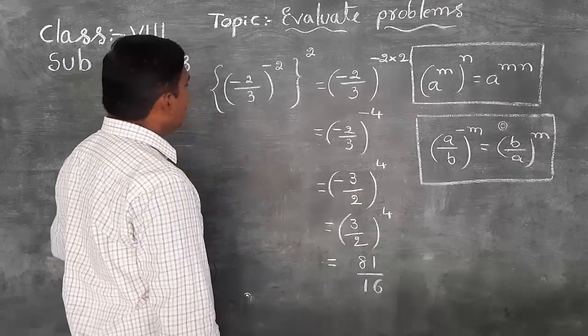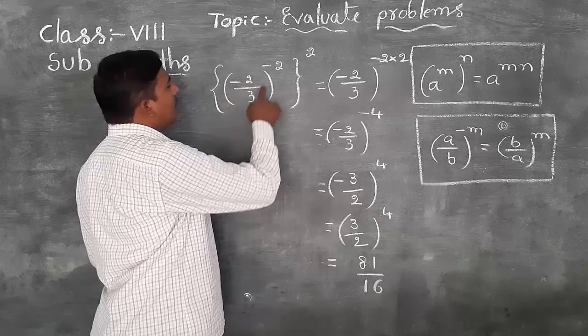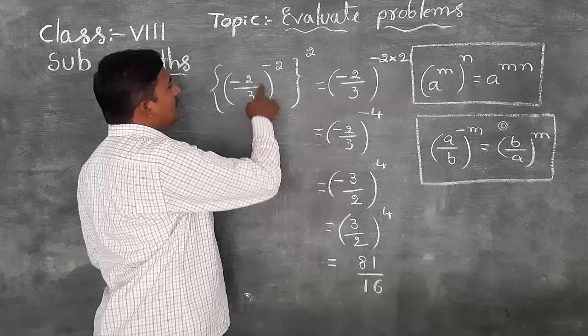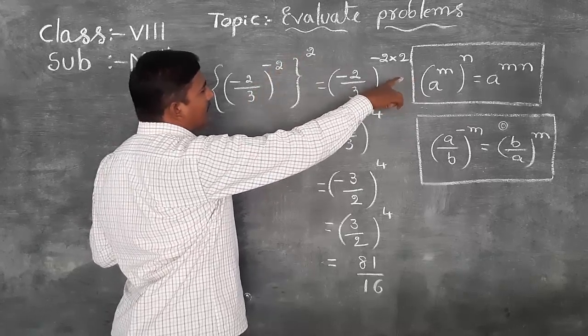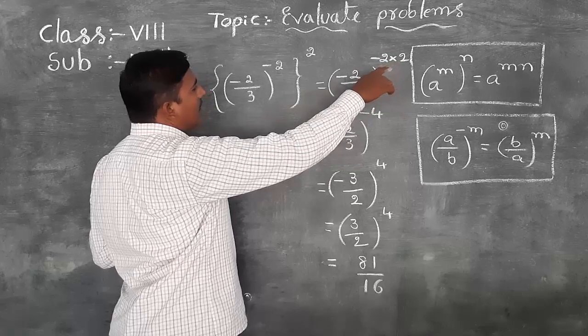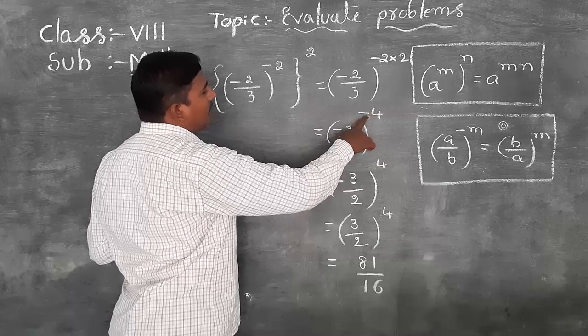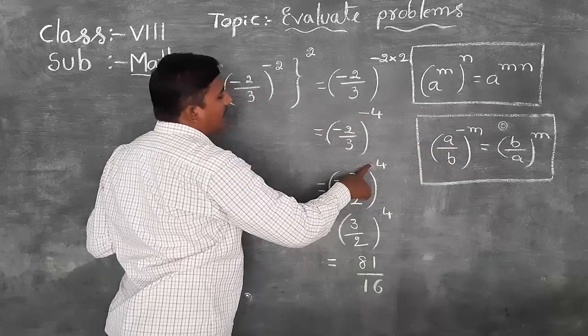Okay. See what we did here. (Minus 2 by 3) power minus 2, whole power 2 came. Then we used that formula, (a power m) whole power n is equal to a power mn, so multiplied both. Then the power became minus, so we used this formula. Here 4 came.